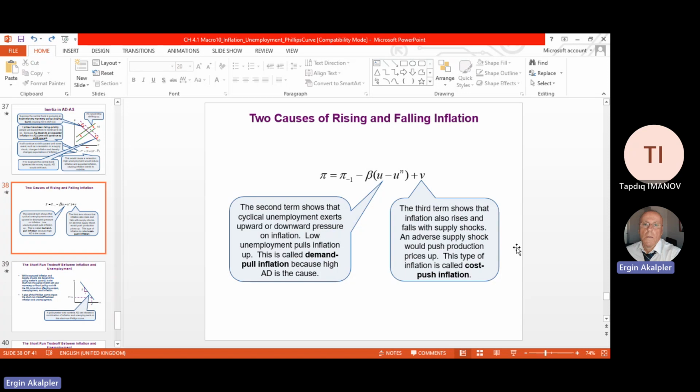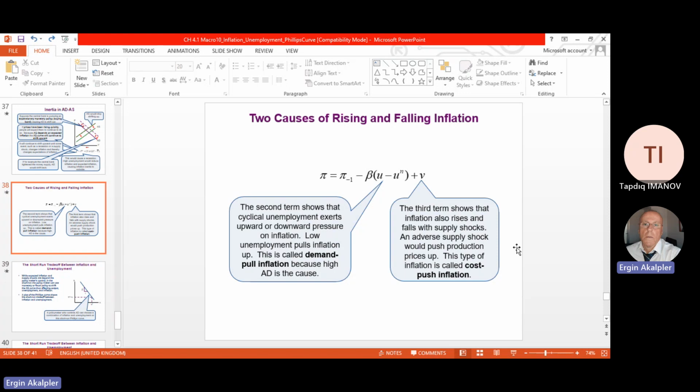Again, inflation, represented with P, is equal to P minus 1, the inflation of the former period, minus beta, the slope of this curve, times the unemployment rate minus the natural rate of unemployment, plus the supply shock.